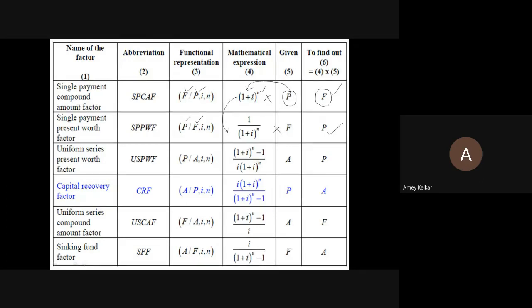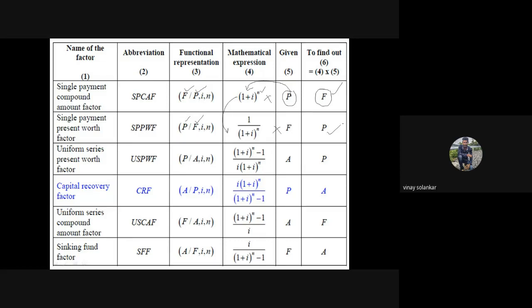So the next one, uniform series compound amount factor. Anyone can explain to me? Yes, Vinay, please go ahead. Sir, the name of the factor is uniform series compound amount factor.